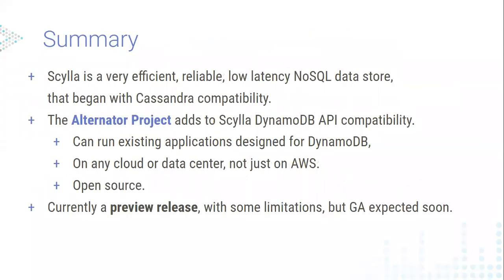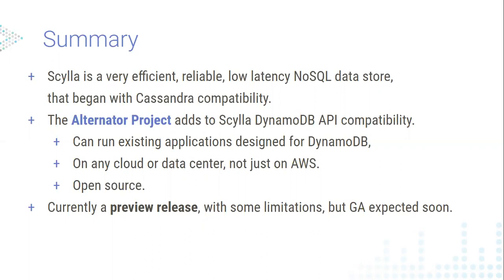Okay, so that's coming to the end. So I want to summarize. Scylla is a very efficient, reliable, and low latency NoSQL data store. We began with Cassandra compatibility, but the point of the Alternator project is to add DynamoDB API compatibility to Scylla. The idea is that you want to run existing applications that were written for DynamoDB without any changes.